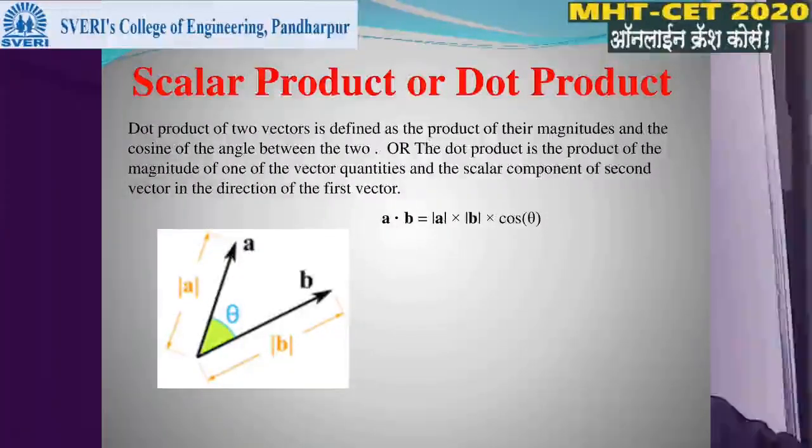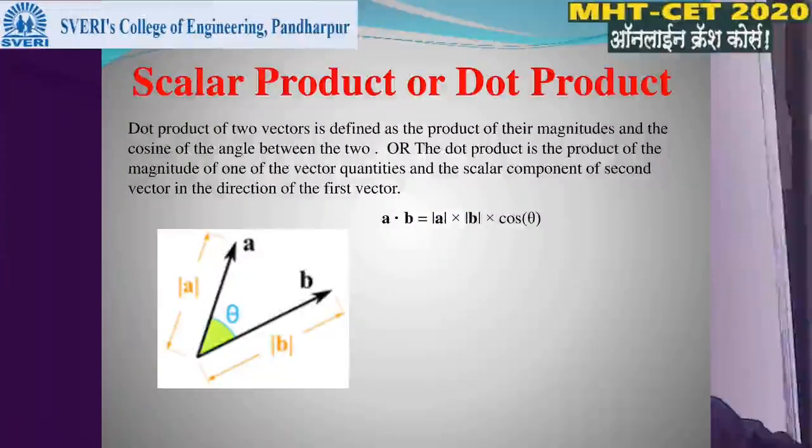The dot product or scalar product of two vectors is defined as the product of their magnitudes and the cosine of the angle between the two. It is the product of the magnitude of one of the vector quantities and the scalar component of the second vector in the direction of the first vector, and it is represented as a dot b.